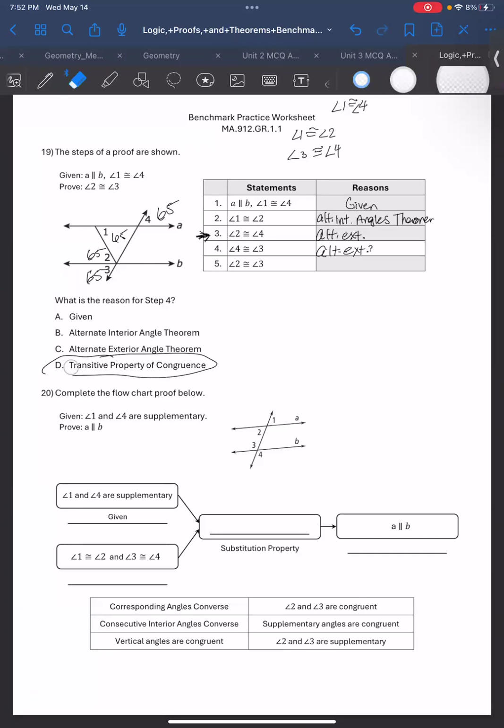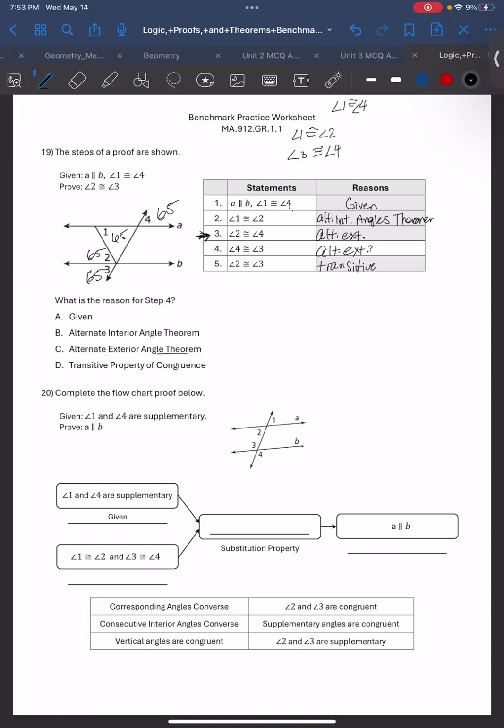That's just a very confusing step in there because I would say if 1 is congruent to 4 and 4 is congruent to 3, it just doesn't make sense why they would do so many extra steps. So what about 5? Step 5 would be the transitive.